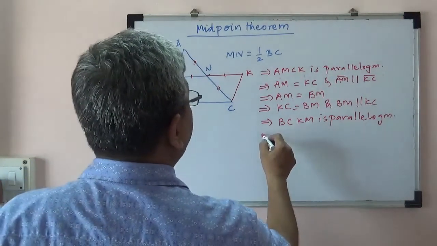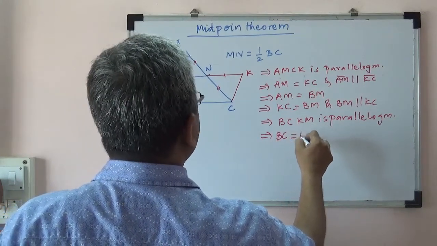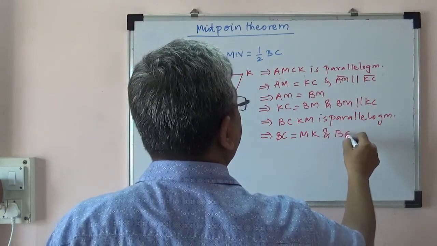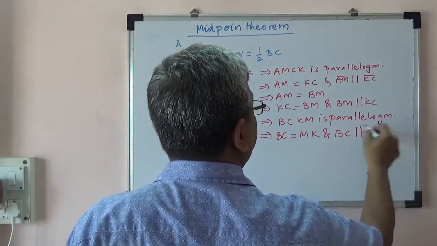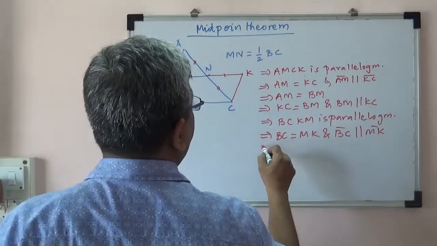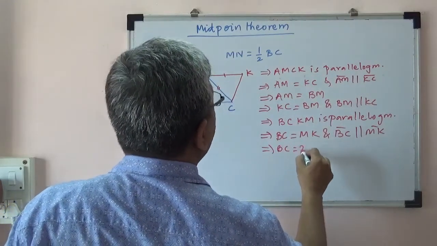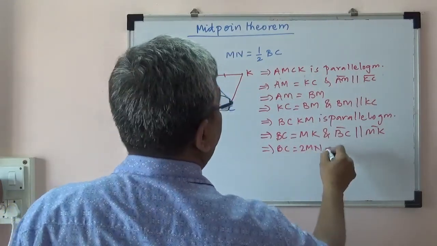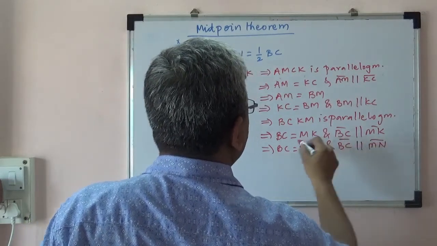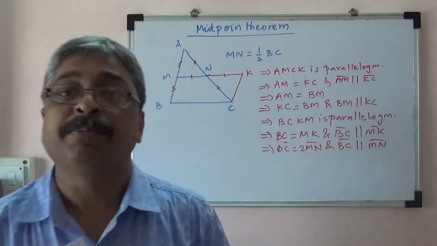Now if BCKM is a parallelogram, then BC equals MK and BC is parallel to MK. But MK was 2 times MN. So BC equals 2MN and BC is parallel to MN.